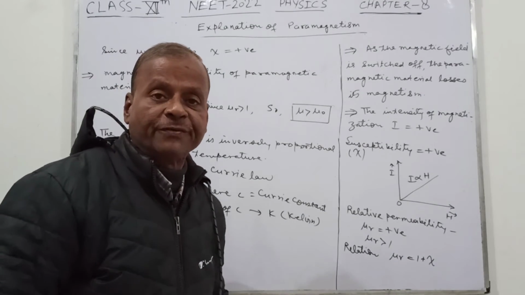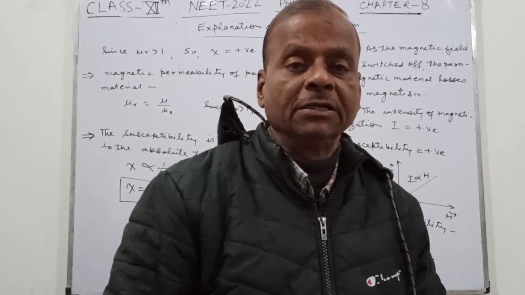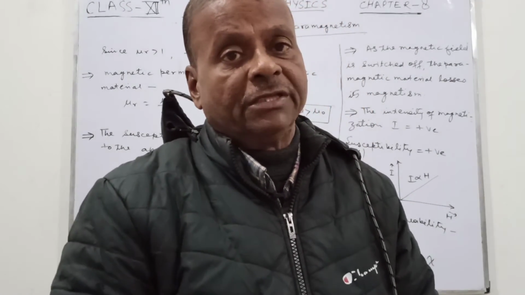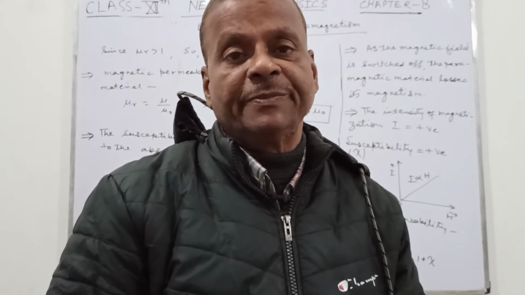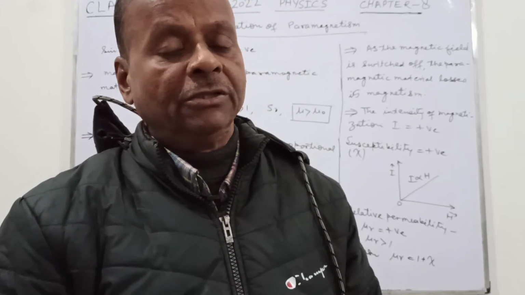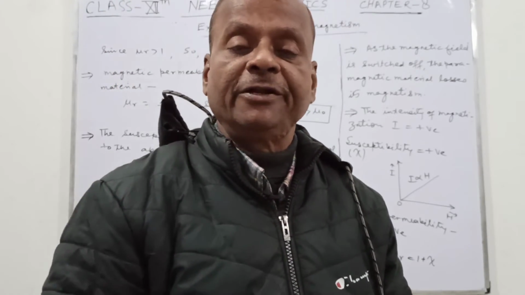So this satisfies the paramagnetism: when the magnetic field is applied, they get the magnetism in the direction of the magnetic field. So they are freely attracted by the magnetic field.